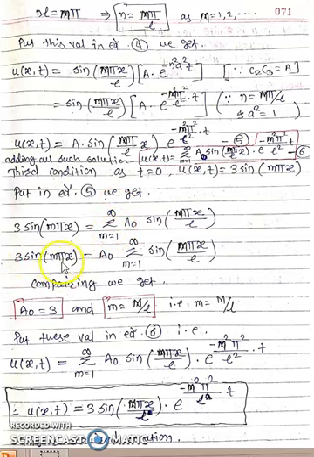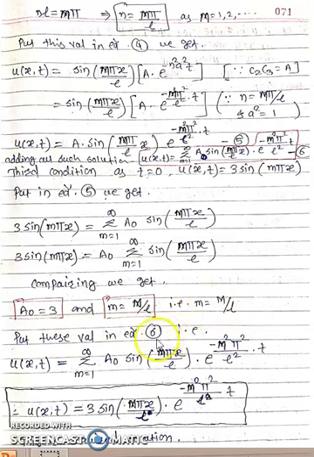So 3 sin mπx equals a0, the constant term taken outside, into the summation m equals 1 to infinity sin(mπx/L). So comparing these two equations, we get a0 is 3 and small m equals m by L.